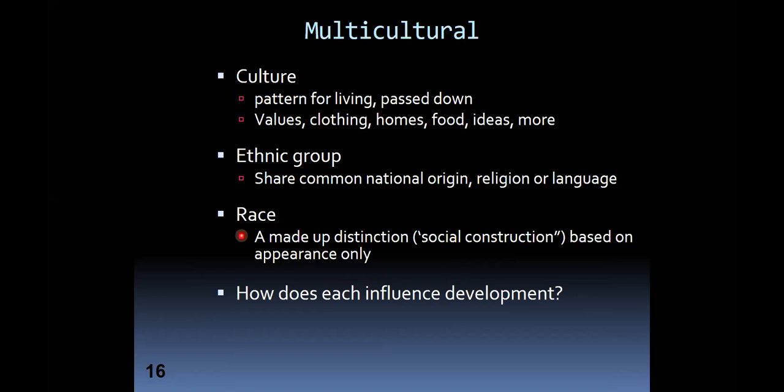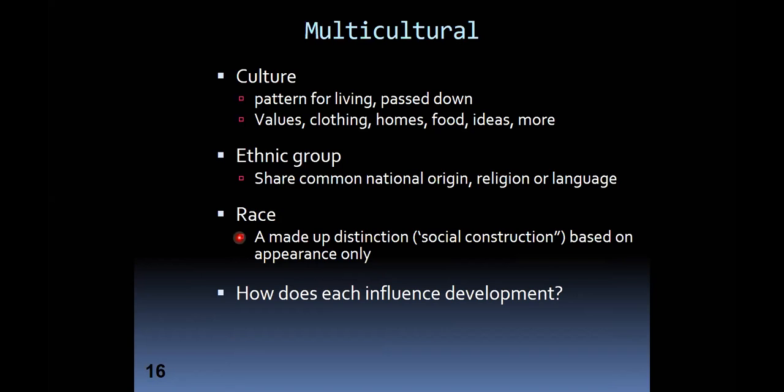So notice that it's not based on really looking at people to see are they really different in every way. And in fact, it would say, well, what about genetics?